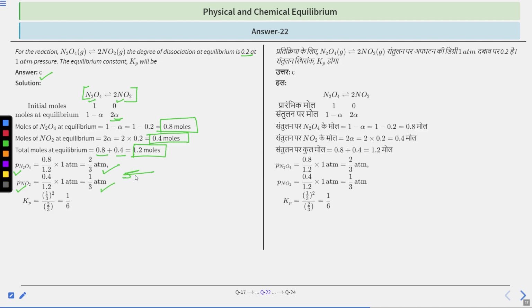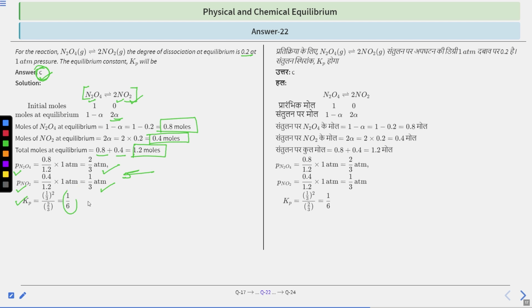Here we are using the formula partial pressure equals mole fraction into total pressure. Kp for the reaction is product concentration divided by reactant concentration. The product is NO2 and 2 is the stoichiometric coefficient, so it comes as the power. For NO2 we have partial pressure 1 by 3, so 1 by 3 to the power 2 divided by 2 by 3, and it comes out as 1 by 6. Hence option C is the correct answer.